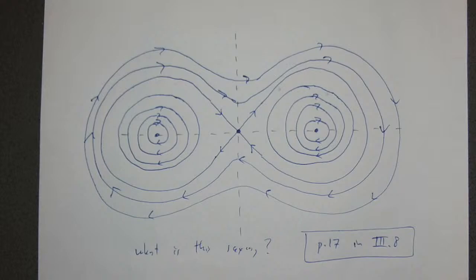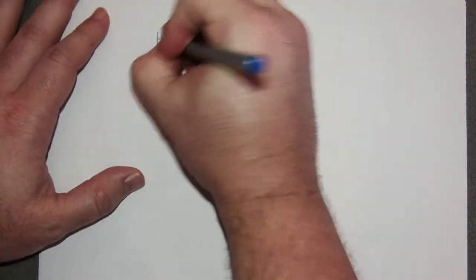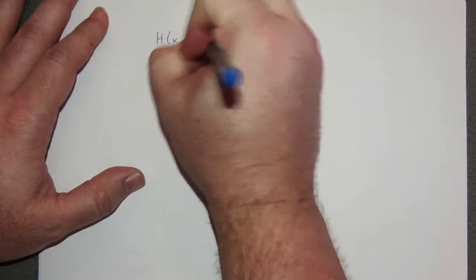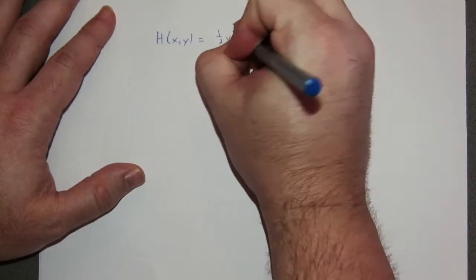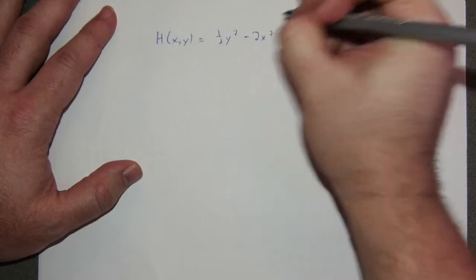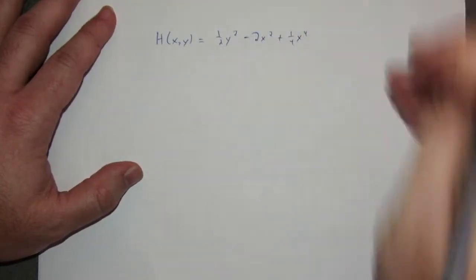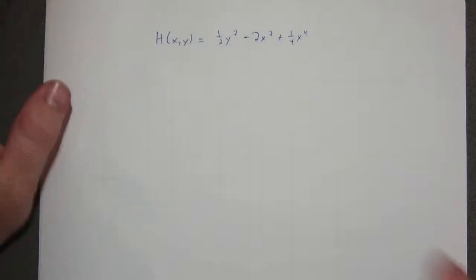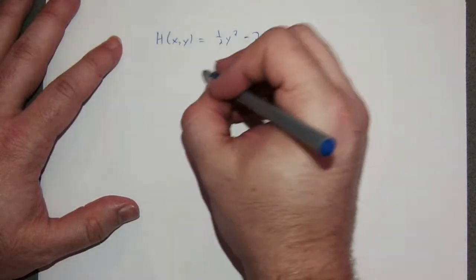Recall, h of x,y was found to be, well, I'll do it on the other page, 1/2 y squared minus 2x squared plus 1/4 x to the 4th. What does this look like if I plot it in space?